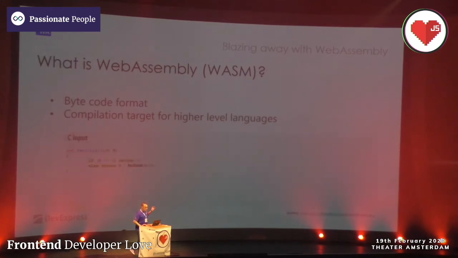To show you how that pretty much works, I have a C function here. You can actually look this up on Wikipedia as well, but it's just to give you an impression in a nutshell how this works. I have a higher level language, in this case a C function, that can be compiled into WebAssembly, which is the bytecode format. The linear assembly bytecode is more difficult to read.